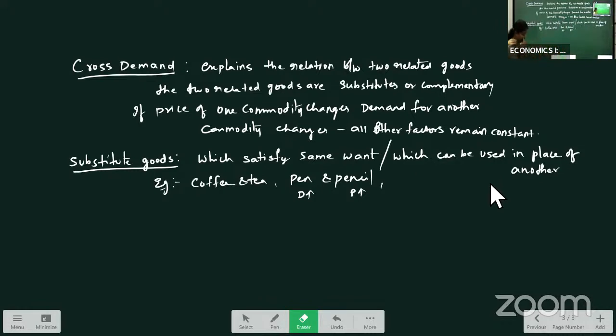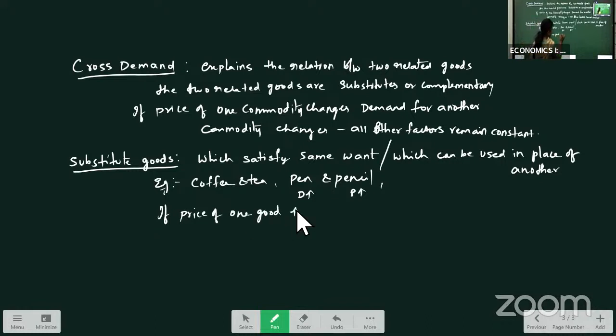So in case of substitutes, what will happen here? If the price of one good increases, demand for another increases. Meaning what? There is a positive relation.